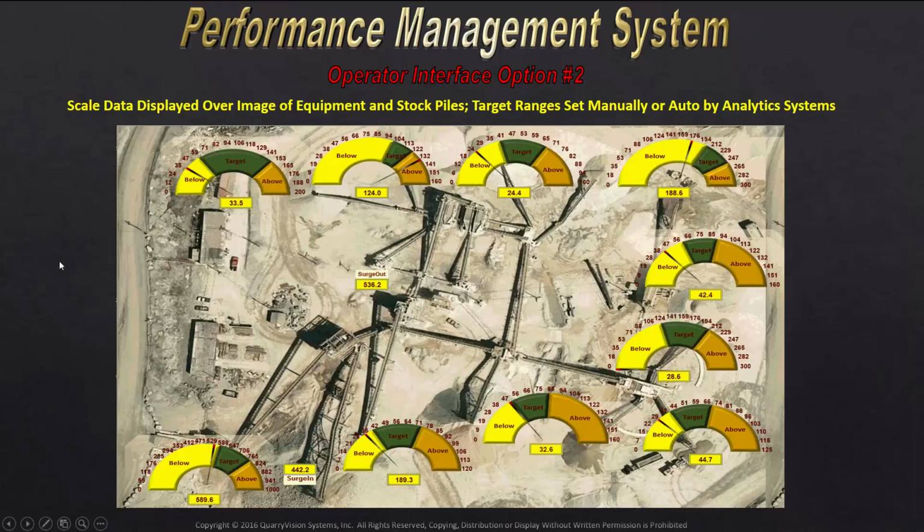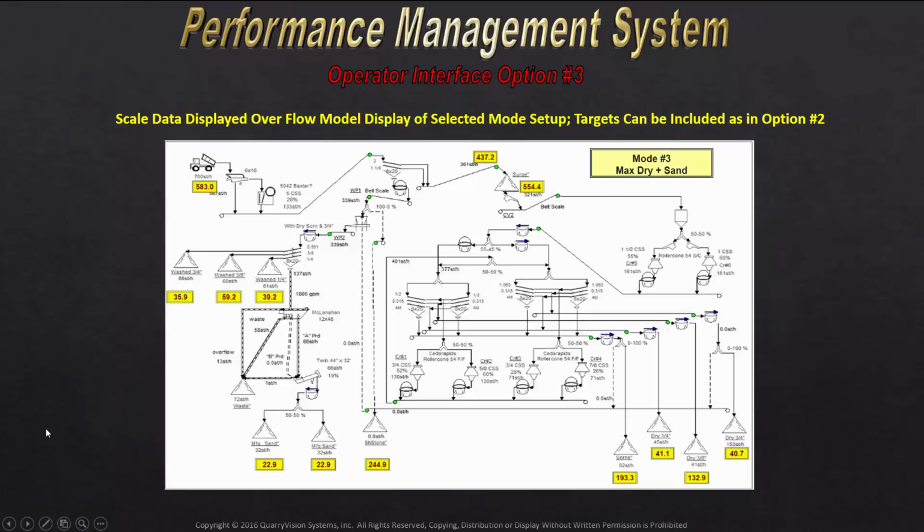The information can be looked at in a variety of forms and include self-defined or locally defined targets, or targets defined from the data system analytics. This shows an example of the scale data overlaid on a process flow model, which would then be the indication to the operator how the plant should be configured to achieve the results indicated for the particular mode selected.